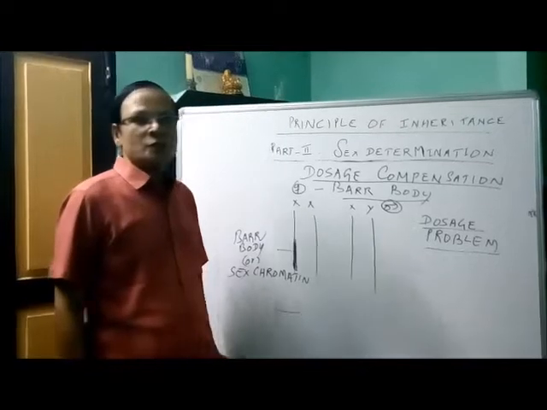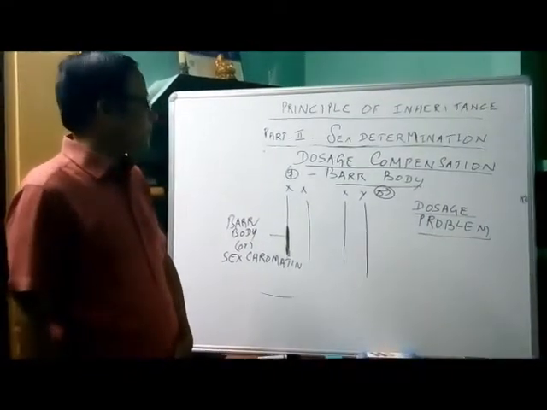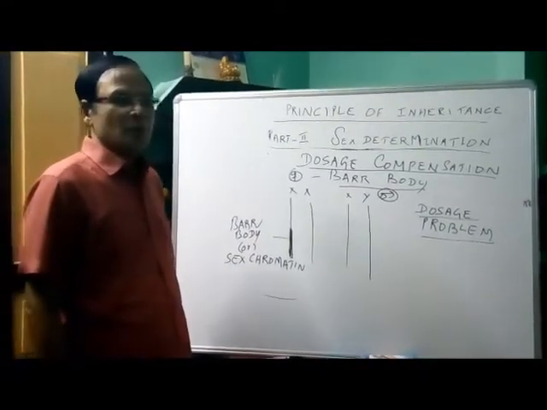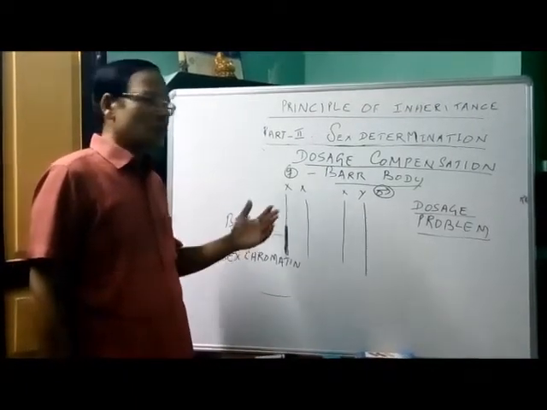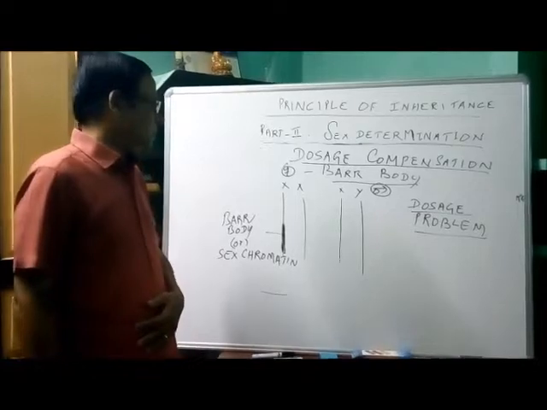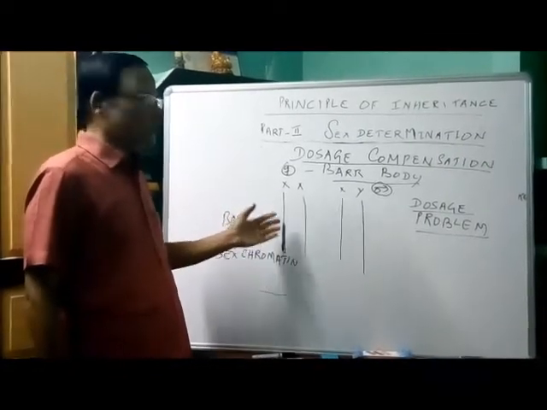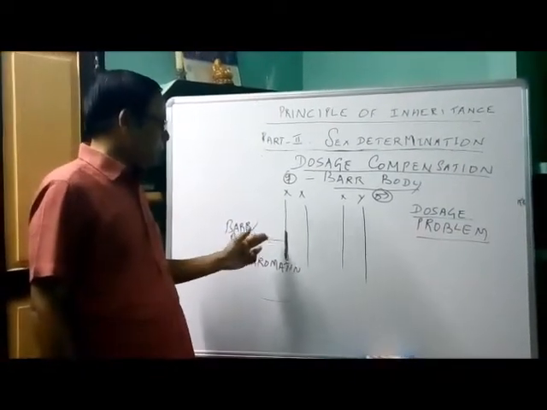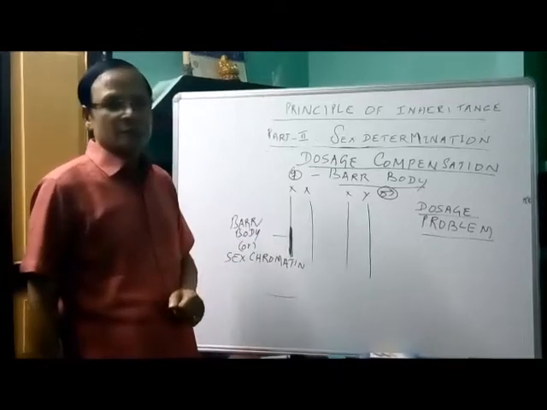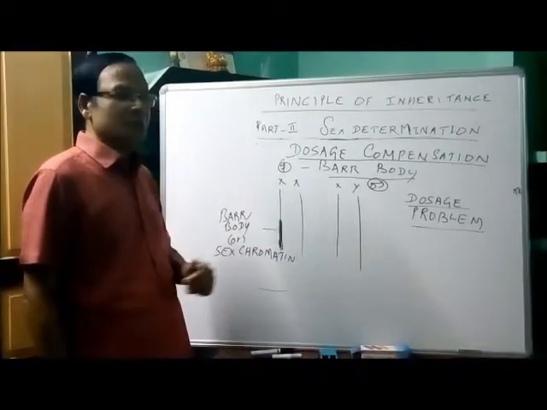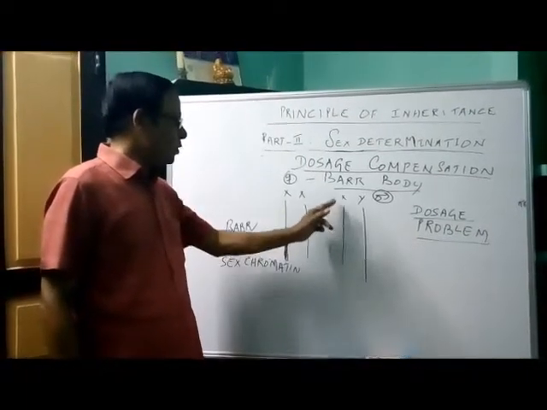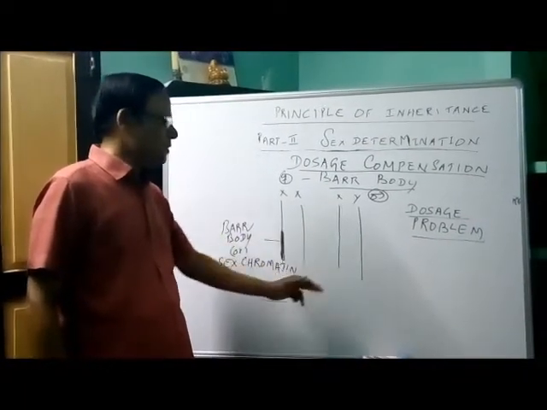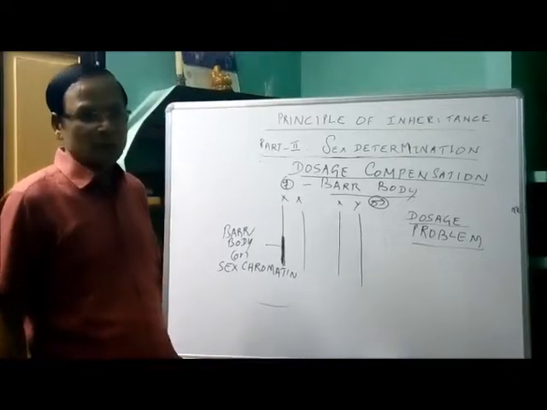Students, we will pass on to the next part in sex determination: what is dosage compensation? Females have two doses of X-linked genes as they have two X chromosomes. In contrast, males have only one dose of X-linked genes as they have only one X chromosome.